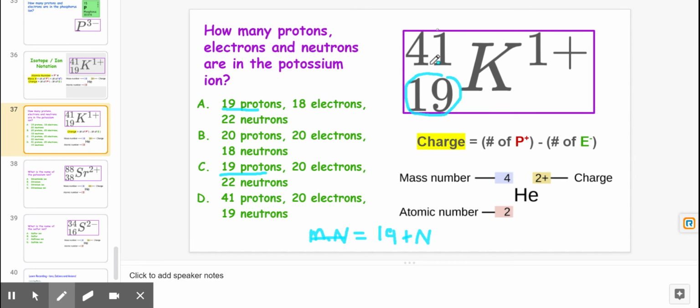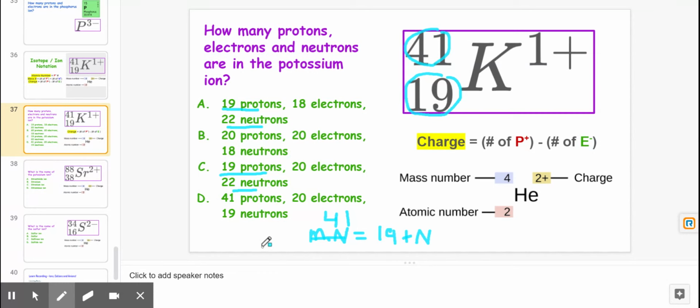That's in the top left. Okay, so 41 equals 19 plus the number of neutrons. So what are the number of neutrons? Well, 41 minus 19, what is that? That's going to be 22 neutrons.